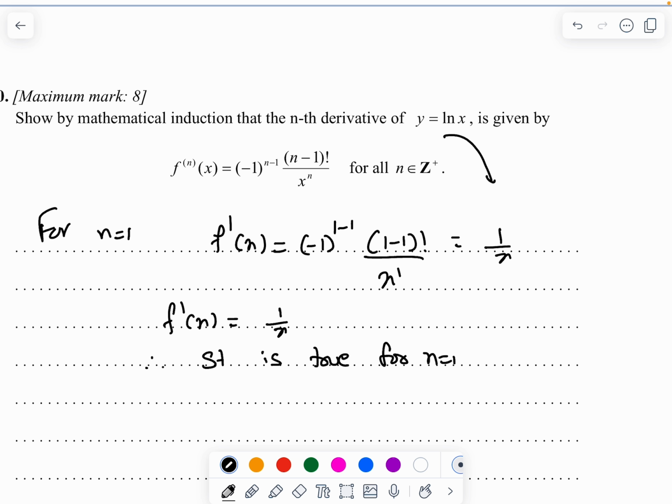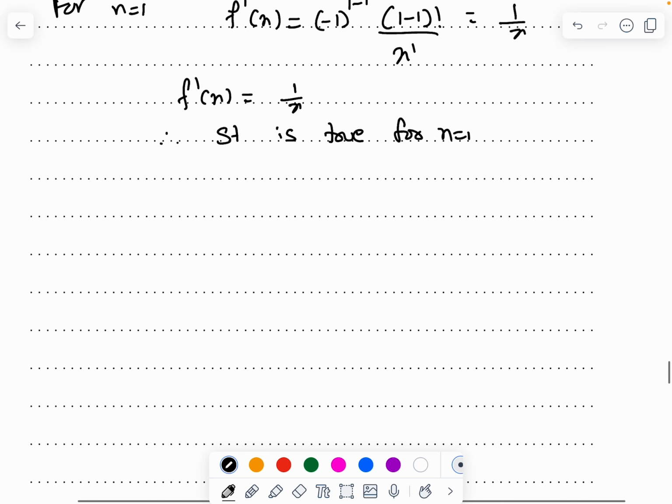Then we have to assume that it is true for n equals k.